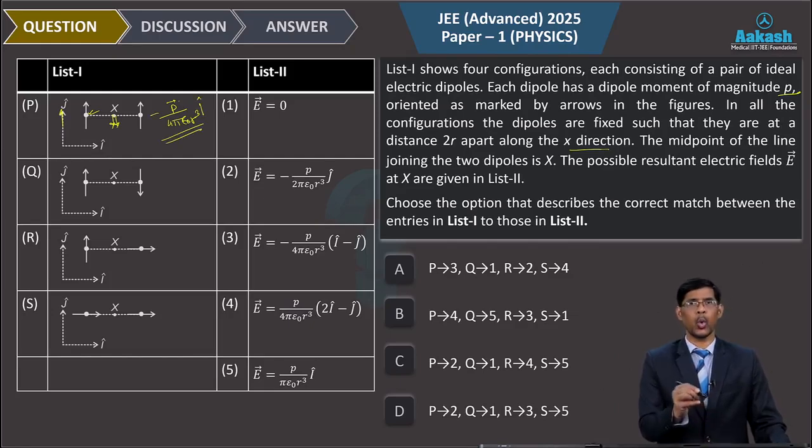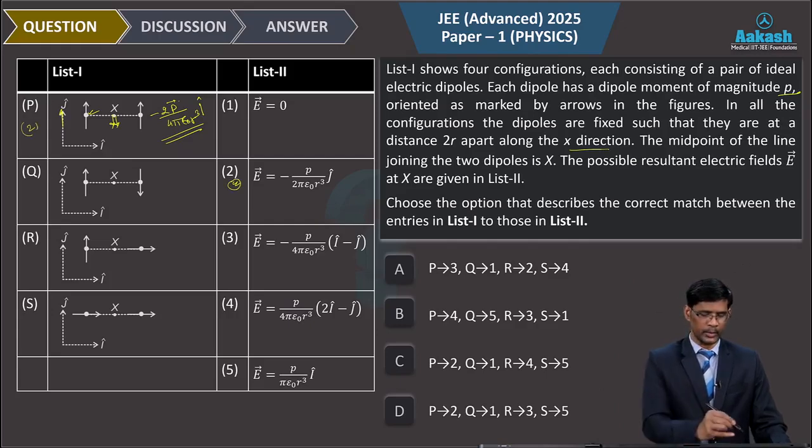This is due to one of the dipole. So the total effective field will be contributed by both of these two dipole. It will simply be 2p divided by 4 pi epsilon naught r cube in downward j direction. Fine. So clearly we can see that option 2 is matching here, so I'll mark 2 here.